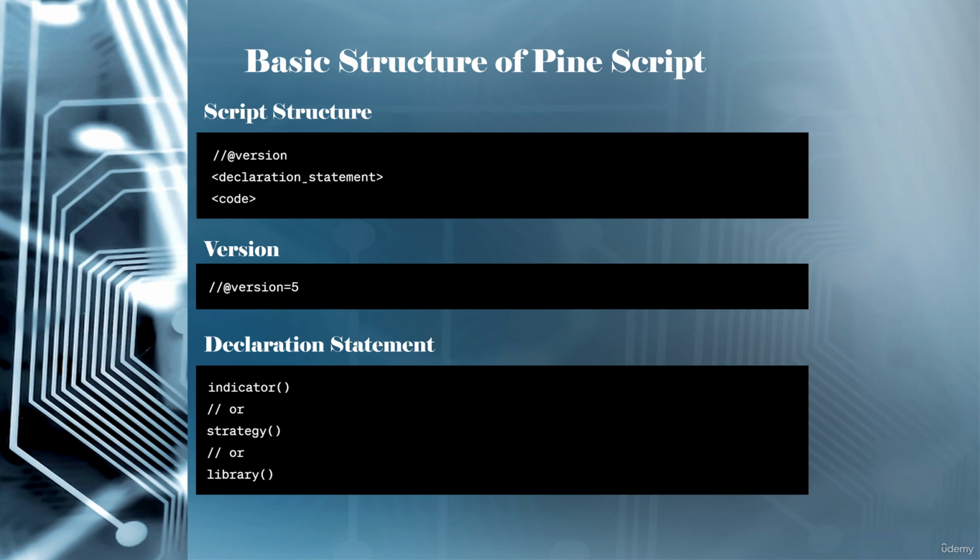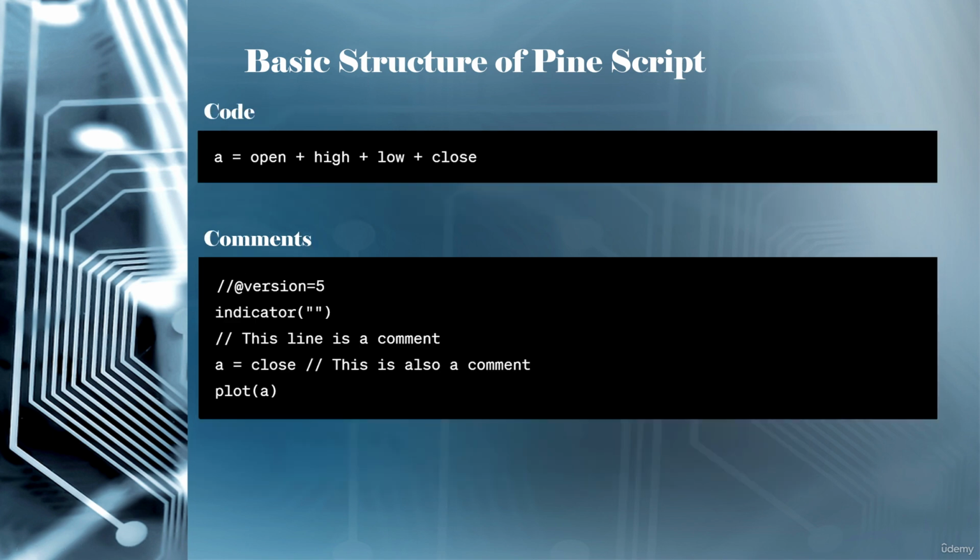Next, let's review the main Pine Script code section. The heart of the script lies in its code. Various types of statements shape the script's algorithm, such as variable declarations, assignments, function calls, and control flow structures.